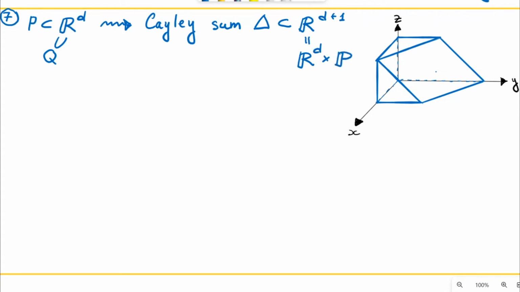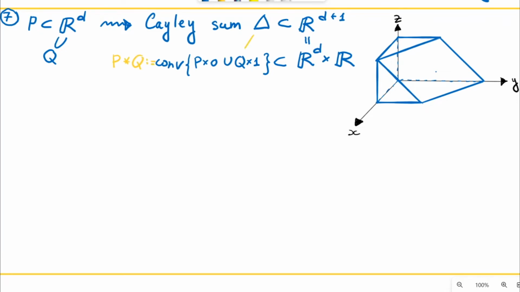So I will consider the case when I have a polytope P that corresponds to some hypothetical variety X, and another polytope Q in the same space, and then Delta, which can be thought of as the polytope of Y, will be the Cayley sum.